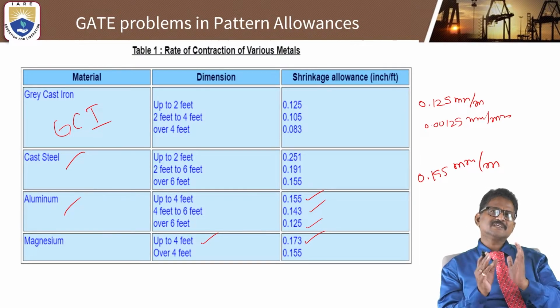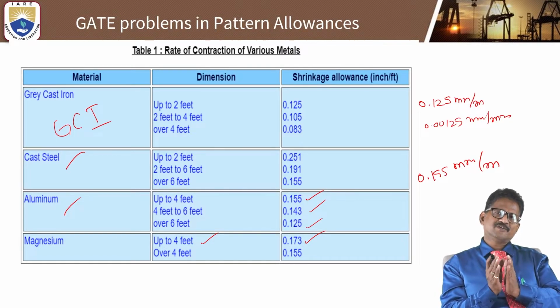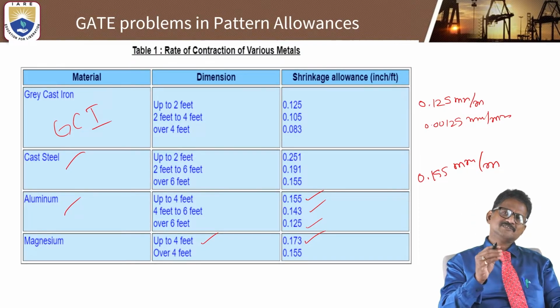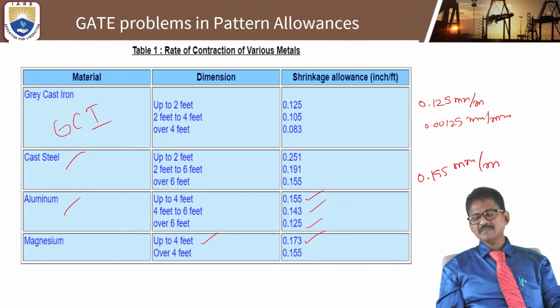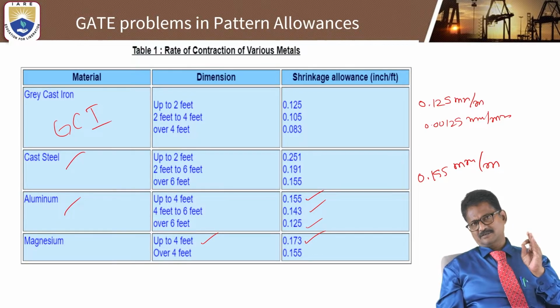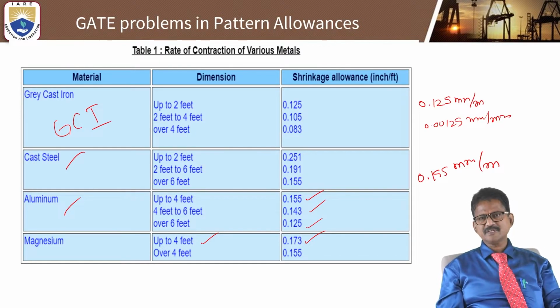So these are the standard rates of contraction of various metals for giving the allowance. Whatever the dimension in the given problem, we should add these allowances so that we can determine the size of the component. So these are the important values to understand and remember for solving GATE problems.